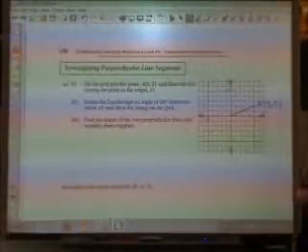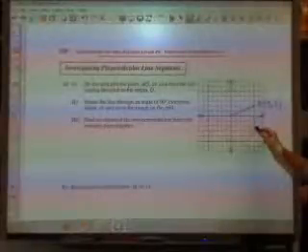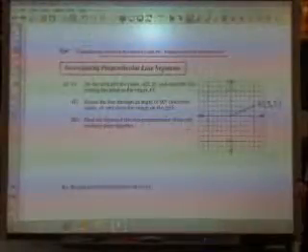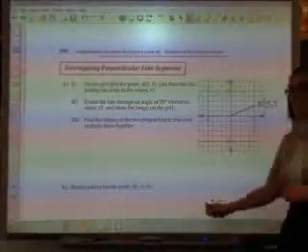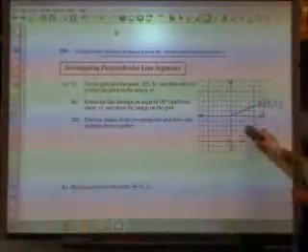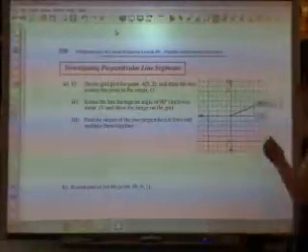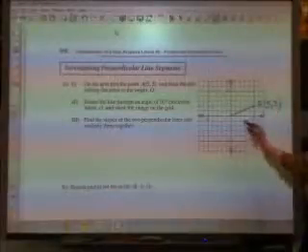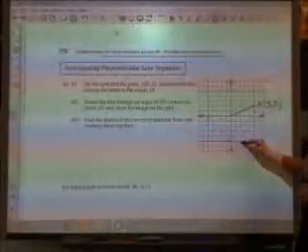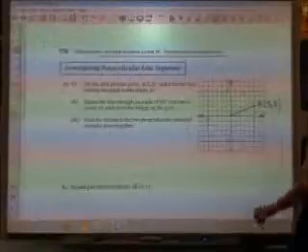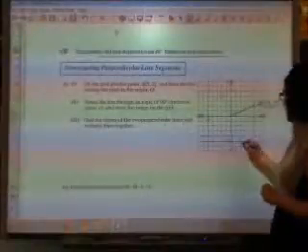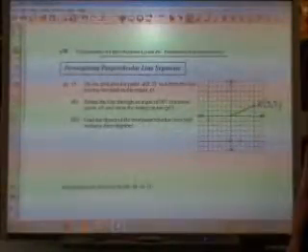So where would it go to? We interchange, and it'd go negative. Not negative 2 and 5, but 2 and negative 5. It would go to this point.